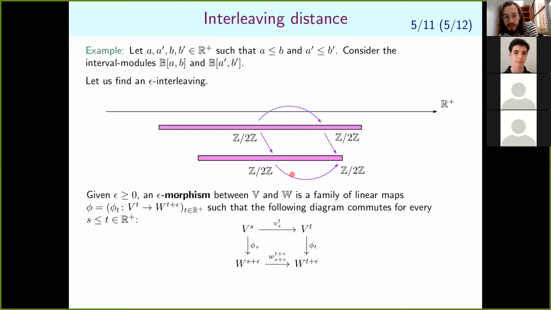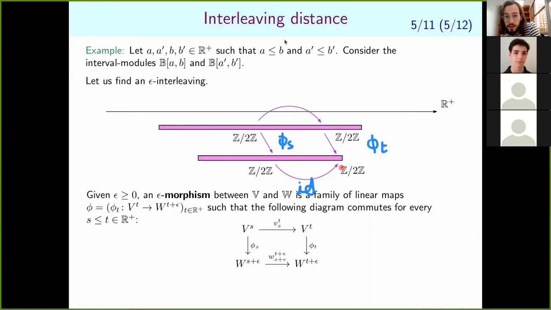This map is the identity, and this map also is identity. And I'm wondering what these maps phi_s and phi_t may be.